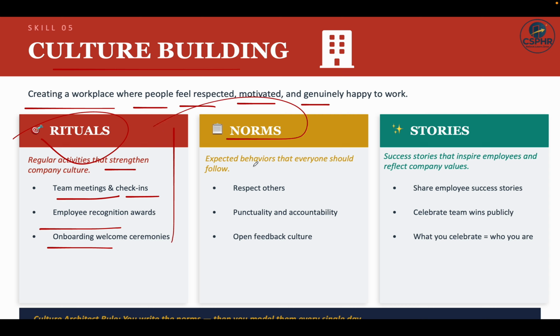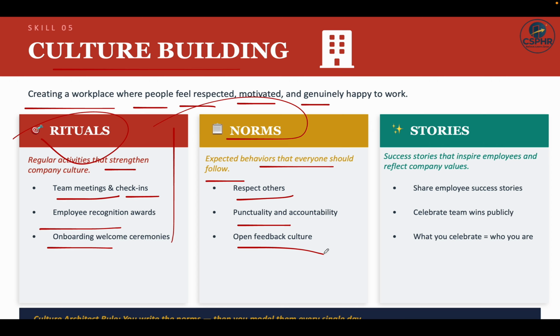Then norms means expected behavior that everyone should follow. For example, respect others. If you are a senior manager, you should not treat your junior rudely. So respect each other. Then punctuality. Then an open feedback culture. If you feel that someone is a good performer, you have to tell them openly.